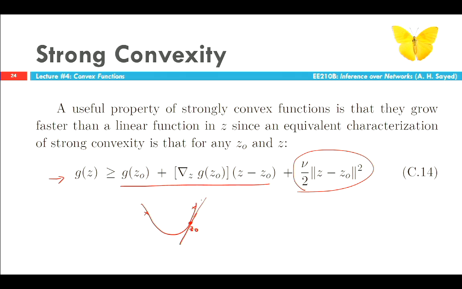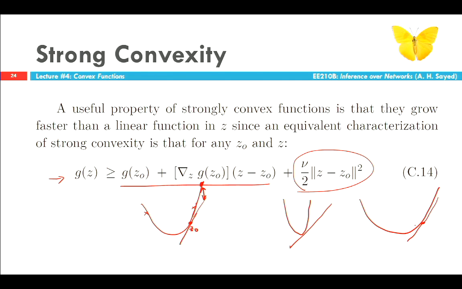So if this z here is far away from z0, this margin is growing quadratically with that distance. This is another way of saying that this function looks more like this rather than a flat function like this.